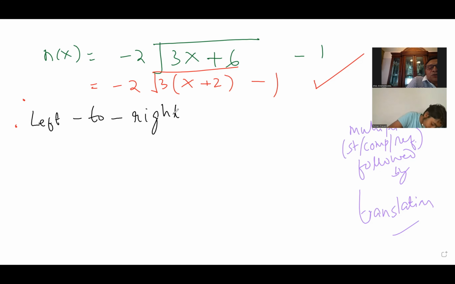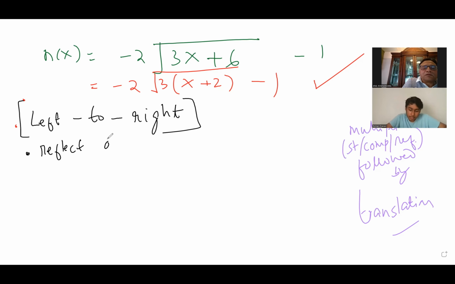How do you know this formula? Reading from left to right. This is the best approach. Okay, so read from left to right and tell me each and every transformation, starting with minus. What does that minus reflect?